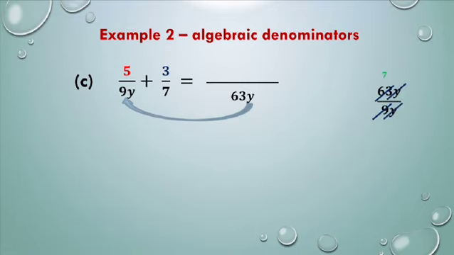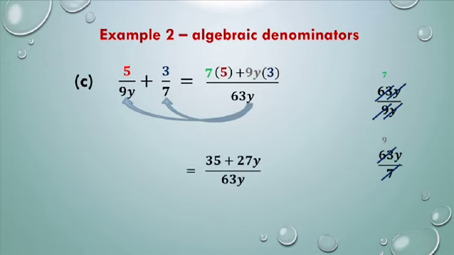So I'm left with 7. 7 times 5 plus, now 63y divided by 7. I divide by 7, I get 9, and we have also the y which is left. So plus 9y times 3, which gives me 35 plus 27y over 63y.